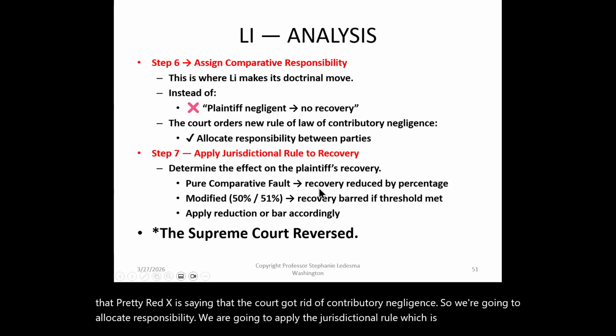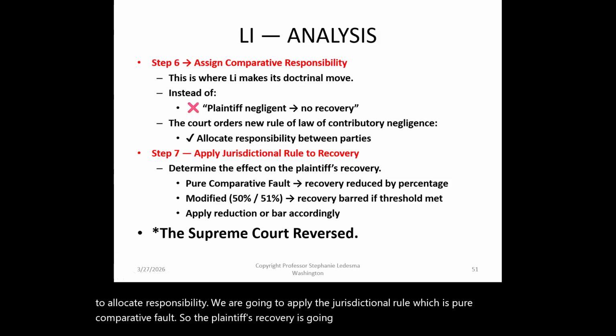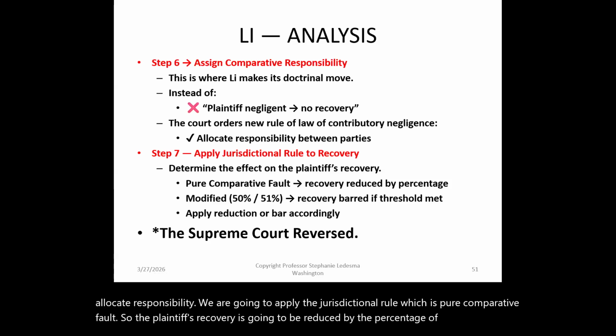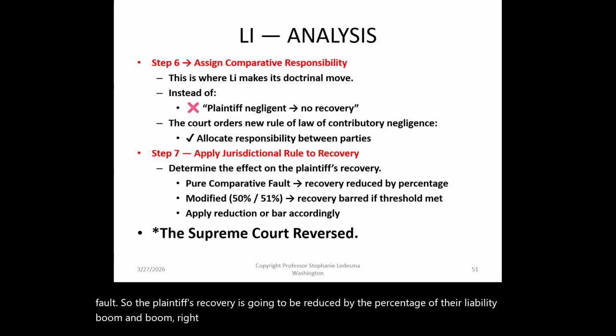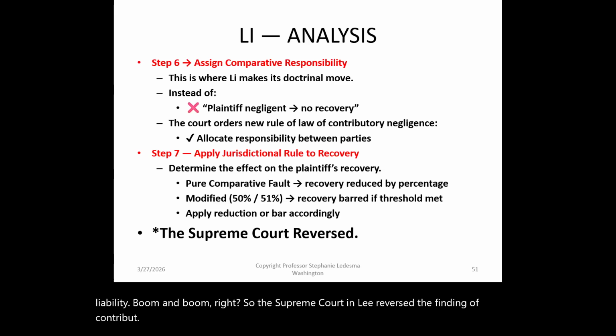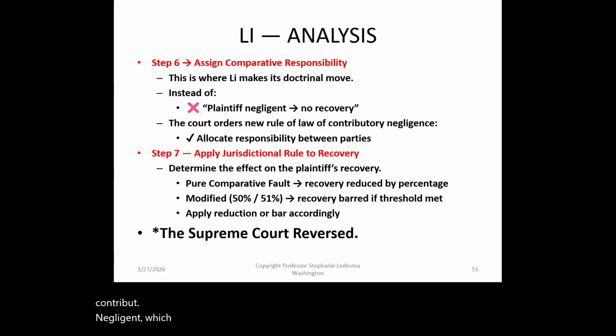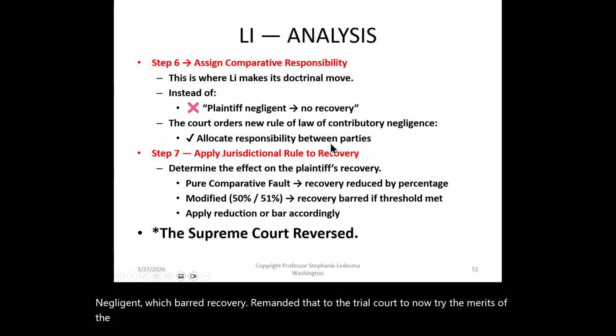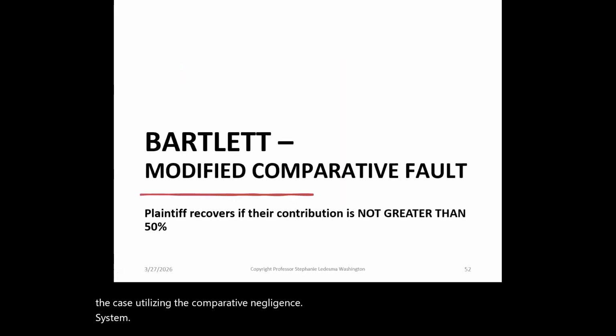The plaintiff's recovery is going to be reduced by the percentage of their liability. Boom. So the Supreme Court in Lee reversed the finding of contributory negligence, which barred recovery, and remanded back to the trial court to try the merits of the case utilizing the comparative negligence system. The algorithm works.